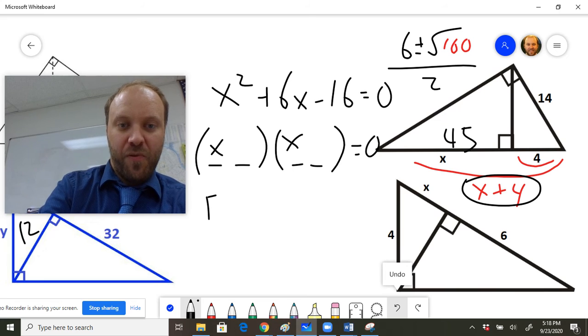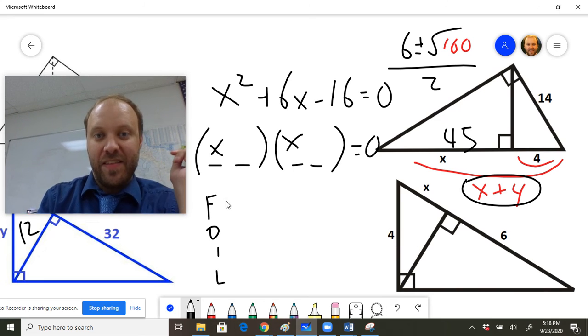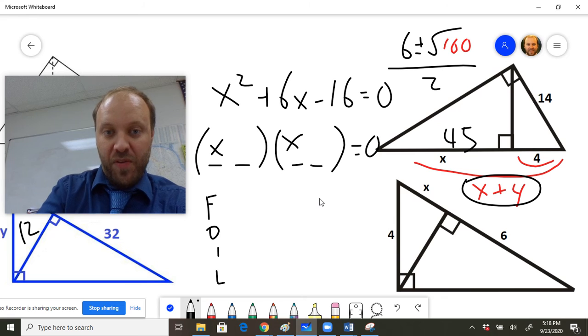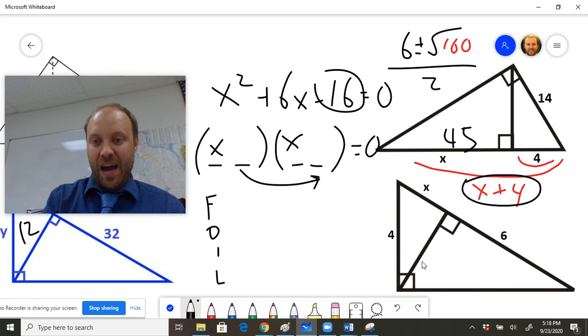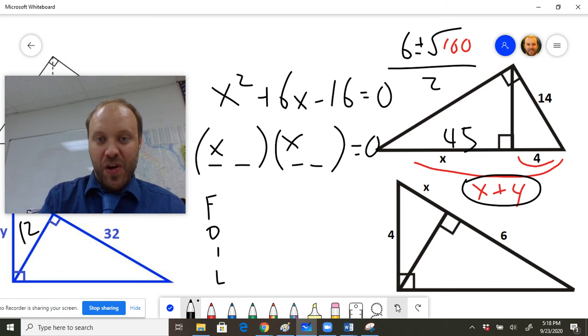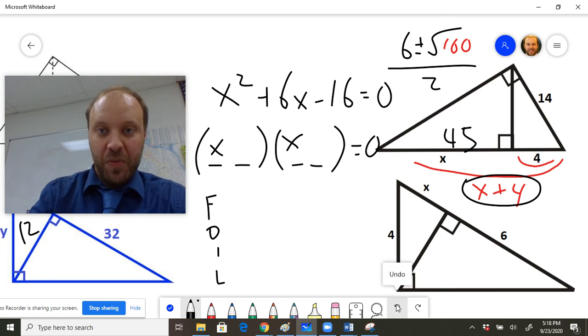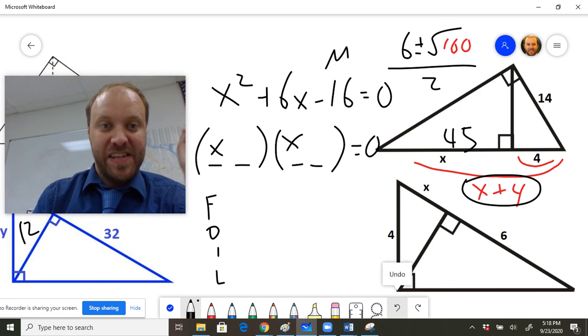When I think about FOIL, first, outer, inner, last, I always jump to the last step of FOIL. The constant number here needs to multiply by the constant number over here to give me that negative 16. So I need two numbers that are going to multiply to be negative 16.